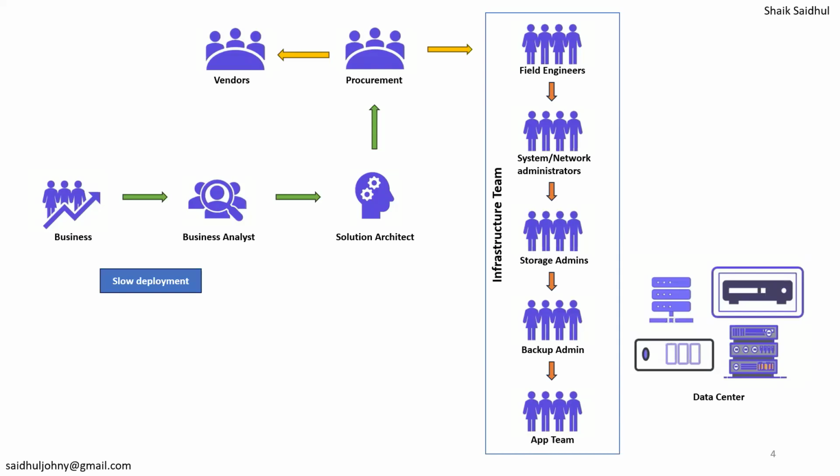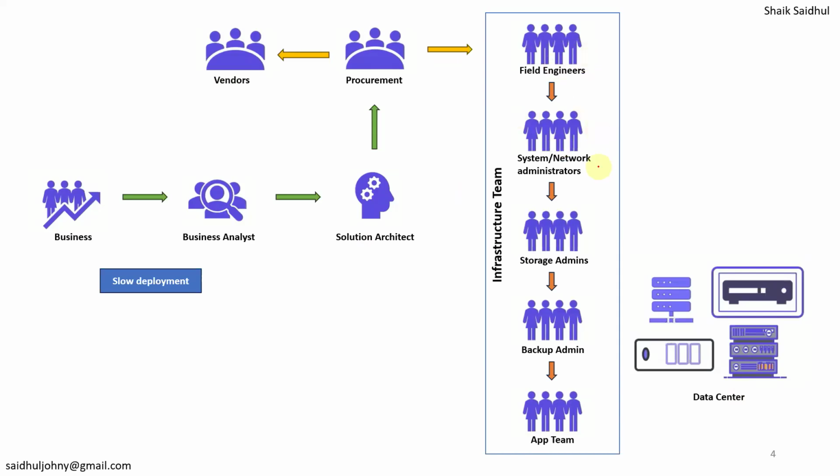Already one of the persons was mentioning, sir, that it is time consuming. Nothing but the turnover time varies from weeks to months for everything to be ready for the application deployment. You have already seen if additional hardware is required, we take a lot of time to purchase it and deploy it to the data center. And similarly, multiple teams are working behind the scenes.